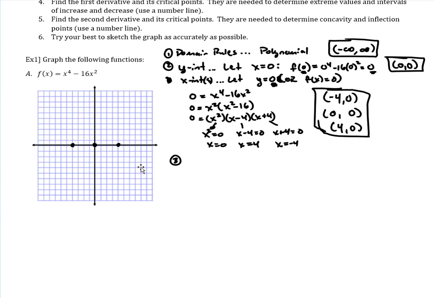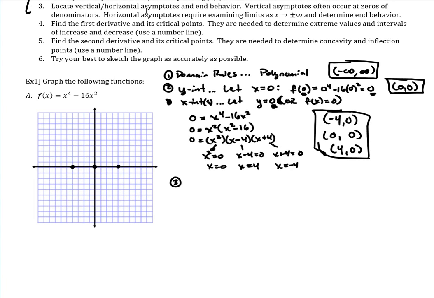Step 3, well, again, our picture of the graph did not show any vertical or horizontal asymptotes. Those are for other types of functions. And that's why it's nice to graph it first. You could visually see them immediately in the problems if you do graph it first.